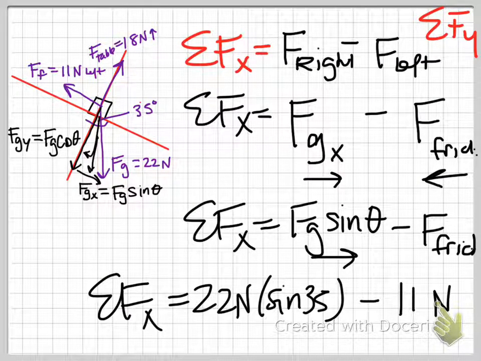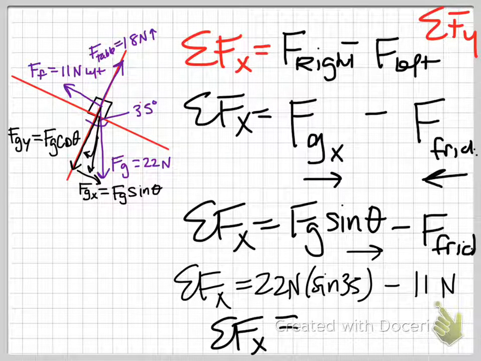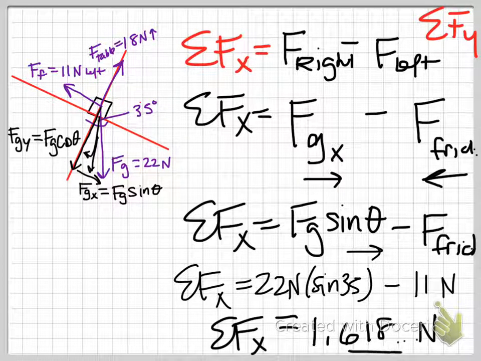Okay, so I'm going to get my numbers. 22 times sine 35 minus 11. I have a sum of forces on my x-axis. It is 1.618 blah blah blah newtons to the right, which means what? This thing is prone to moving to the right.